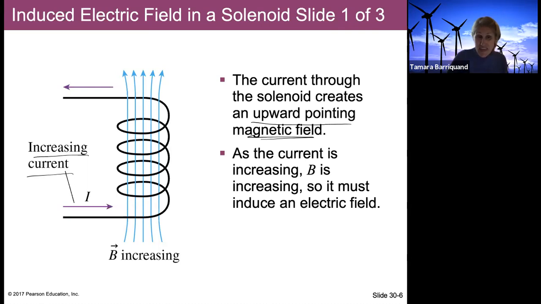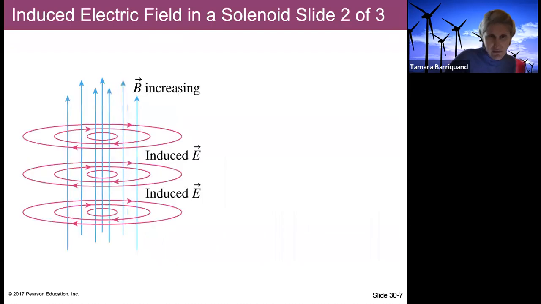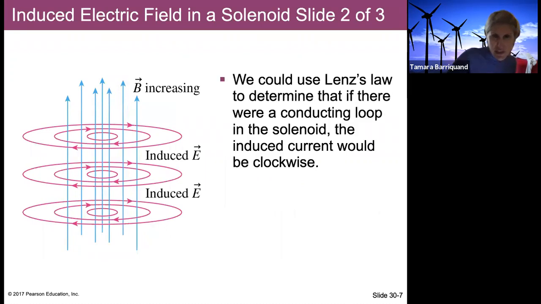If B is increasing, that means that it must induce an electric field. Let's look at how we can induce this electric field and what we know about it. So if we have B increasing, let's think about it if we had a loop inside our solenoid. We could use Lenz's law to determine, if there were a conducting loop in the solenoid, what the induced current would look like.